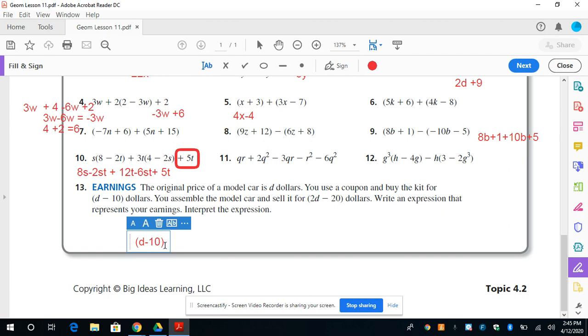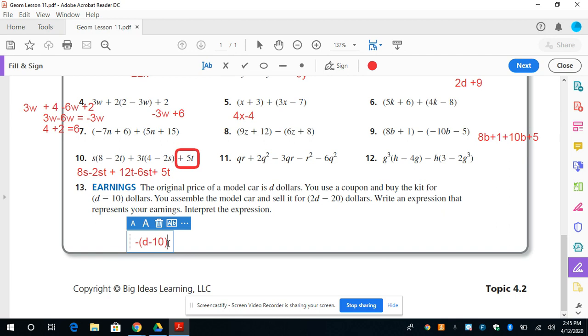So then whatever D minus 10 is, we don't know what it is, and that's okay. That will be how much you spend on the car. And so then if you're spending the money, you have to think, is this going to be positive or negative? Are you gaining money when you buy it, or are you going to lose money if you buy something? You're going to lose it, so you're going to put a negative in front of that expression.